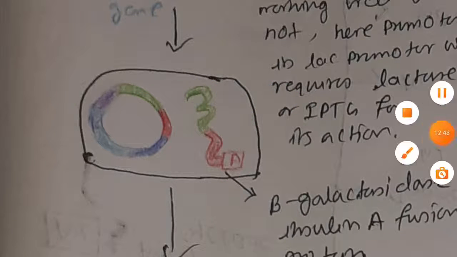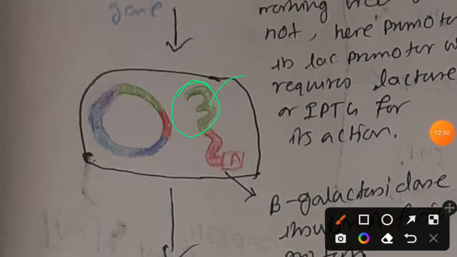That can be done by the presence of the beta galactosidase, because beta galactosidase helps us separate the insulin A chain protein and insulin B chain protein via a process called affinity chromatography, where we will prepare the stationary phase with a ligand that will selectively bind with the beta galactosidase.